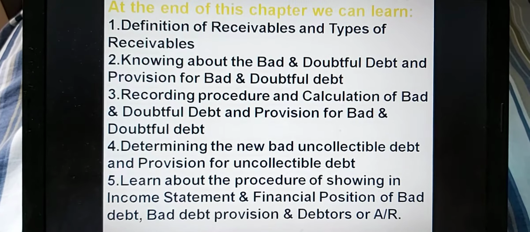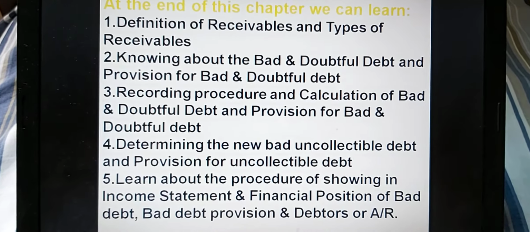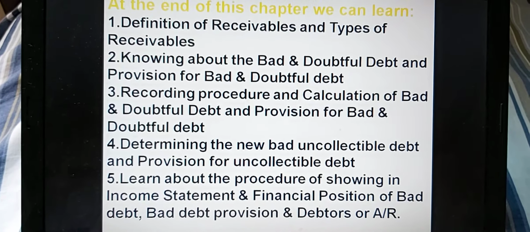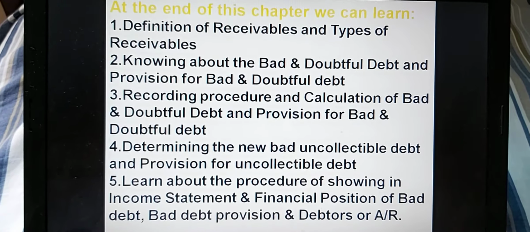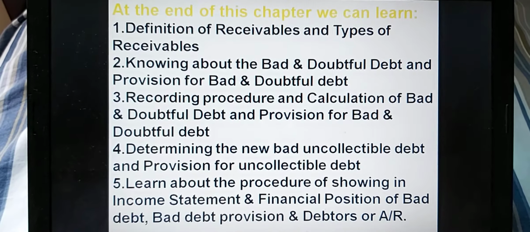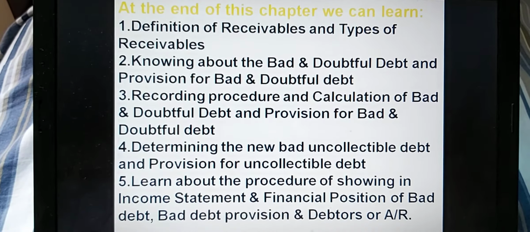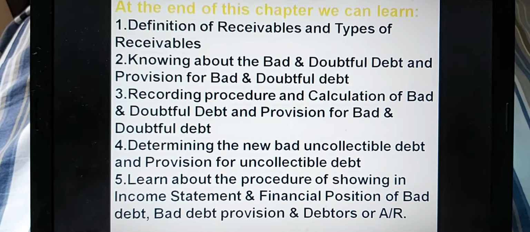Dear learners, at the end of this chapter you can learn the definition of receivables and types of receivables. Number 2, knowing about the bad and doubtful debt and provision for bad and doubtful debt. Number 3, recording procedure and calculation of bad and doubtful debt and provision for bad and doubtful debt.